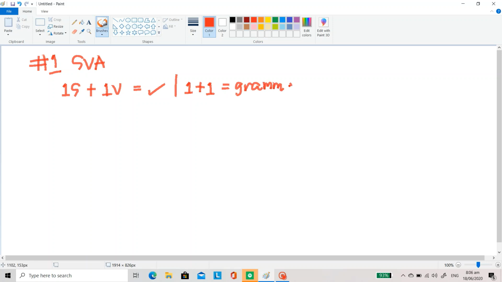Don't mind the noises in the background. That's being authentic. Now, we further break this down into more explanation. So, if your subject is singular, the rule says that it shouldn't have an S. If the verb is singular, the rule says it must have an S. Now, this equation is where most learners get confused.